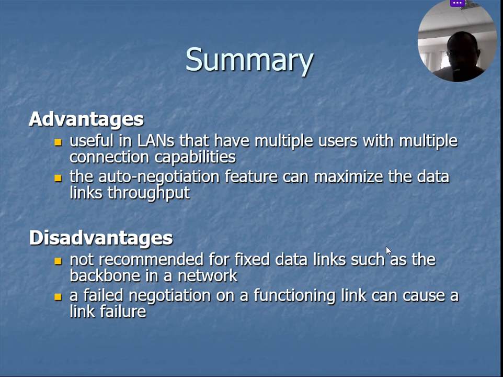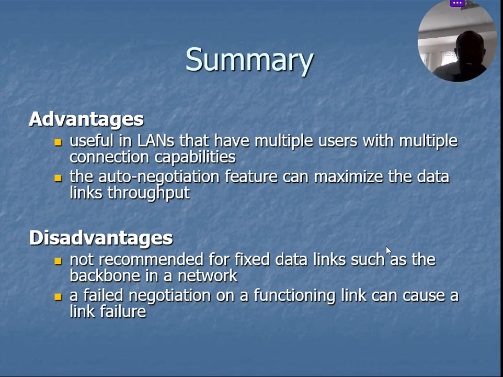So establishing a link between two devices on the network is very paramount, so that we know if they can transmit and receive among themselves. Another advantage is that the auto negotiation feature can maximize the data link throughput, that is, the speed and capacity of the network. There will be no redundancy and we reduce wastage on the system.